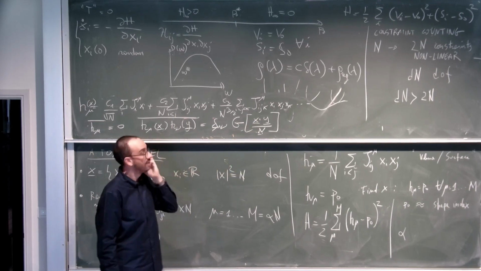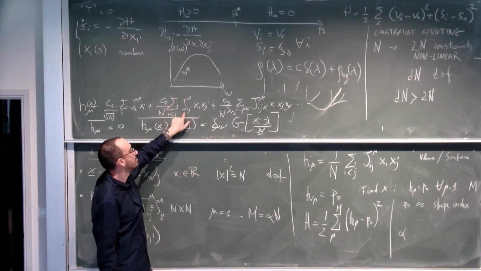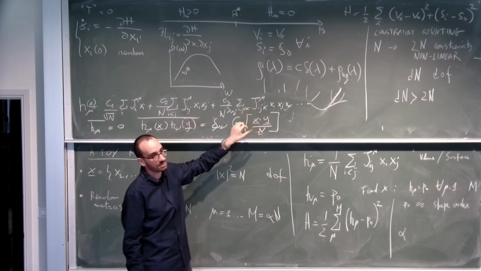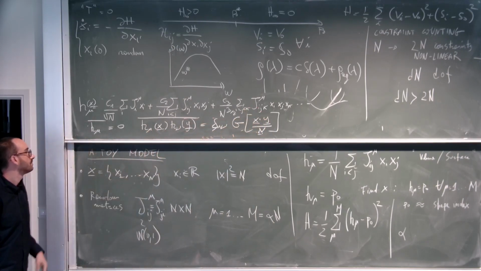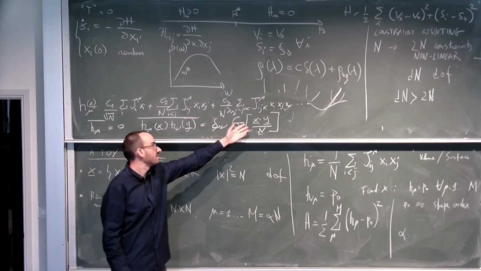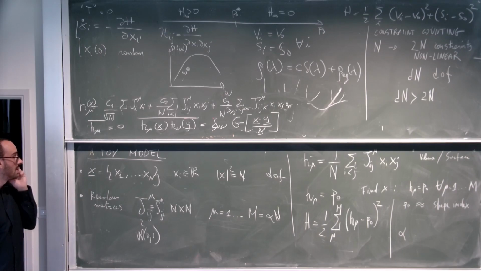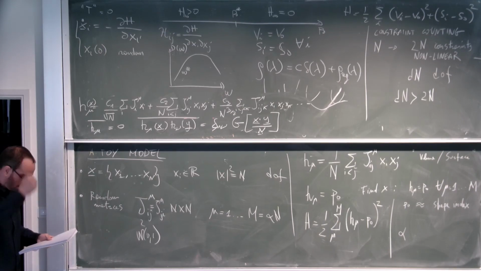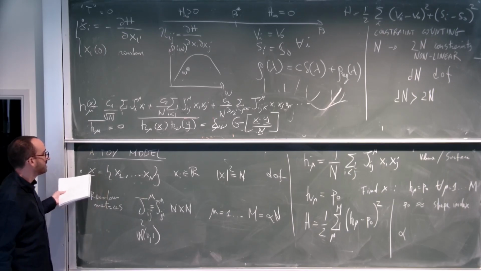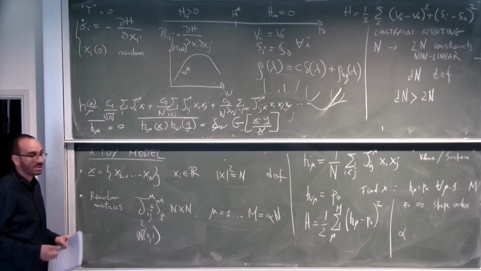If I put some structure on the probability distribution of these objects, then this is no more true. But this rotational invariance is very useful when you try to solve the model. So the model can be solved, and you can study it even within numerical simulation. It's very easy.